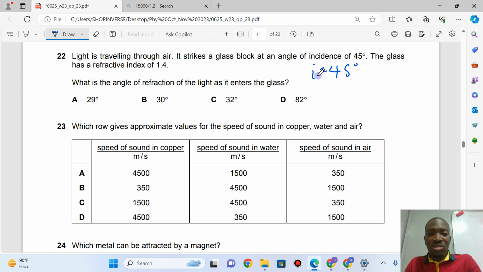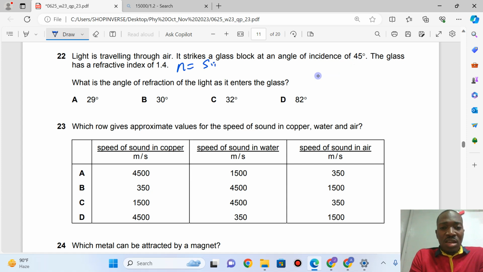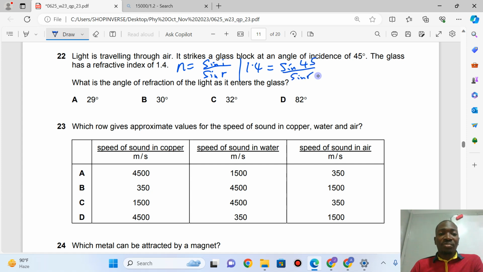Well, we have to use the law of refraction, the formula we use to get the refractive index. Refractive index equals sine angle of incidence divided by sine angle of refraction. And we know the refractive index is 1.4. So 1.4 equals sine 45 divided by sine r, because we're looking for the angle of refraction.